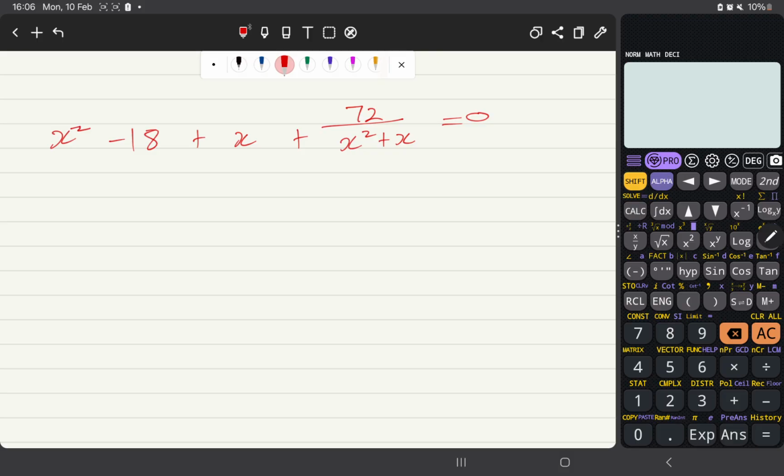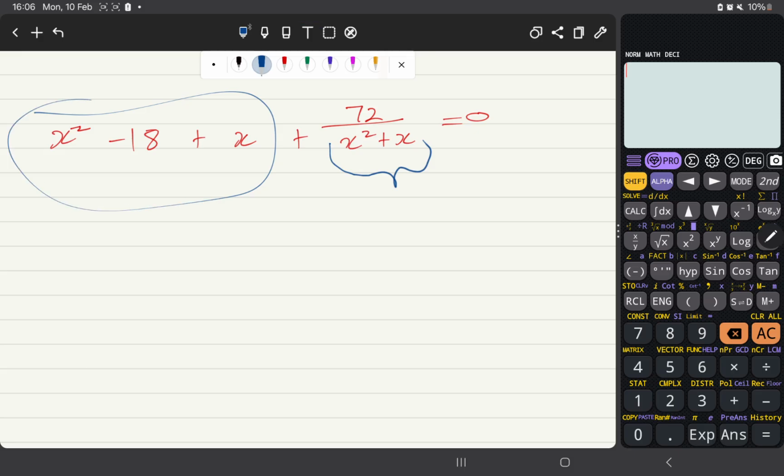Okay, so very interesting problem. So let's get into it. Right, so now something interesting I see right here. The most interesting thing is happening here.